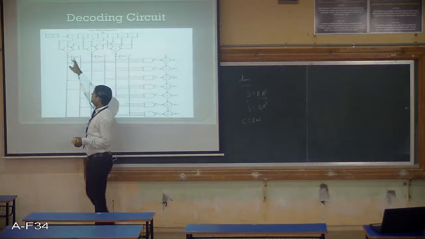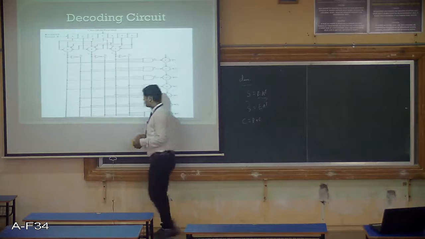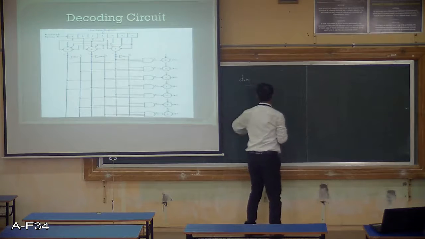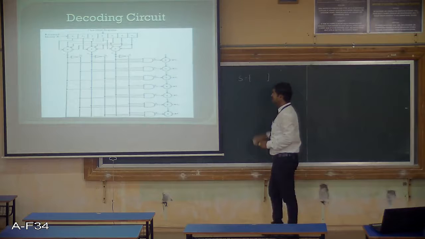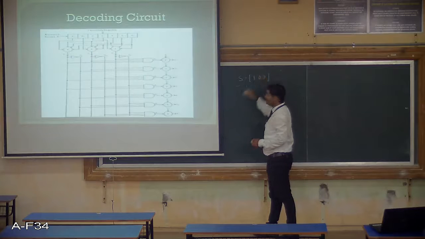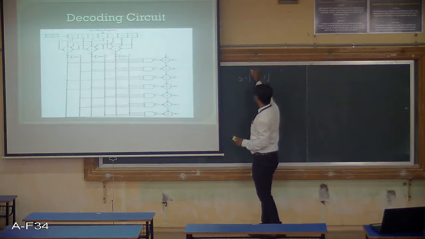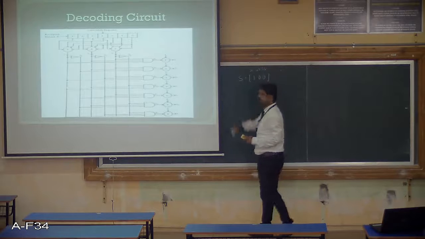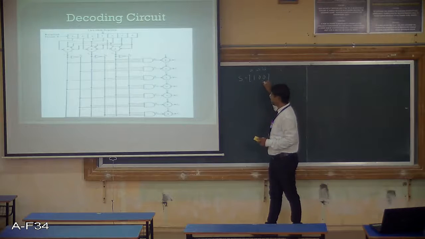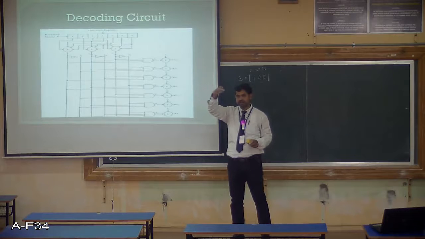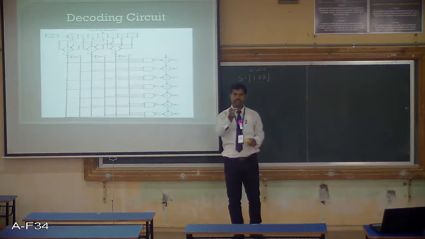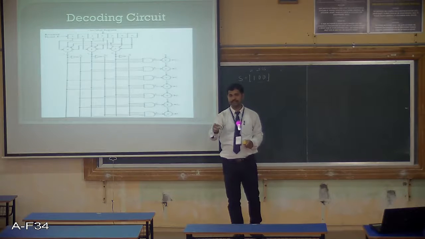S1, S2, S3. Suppose I get a syndrome S as 1, 0, 0. That is S1, S2, S3. If this 1, 0, 0 pattern is present in the first row of your H transpose, that will tell you the error is in the first bit.